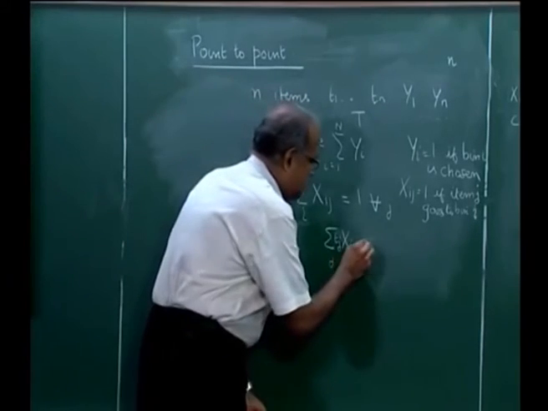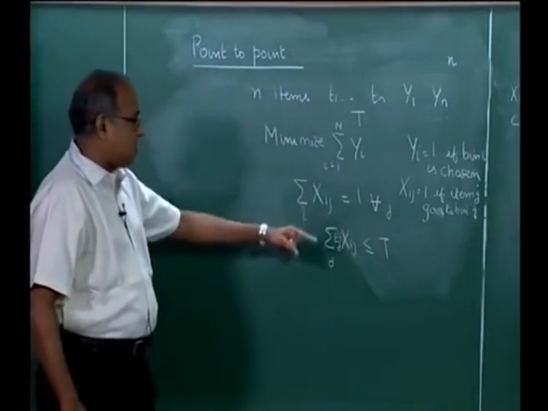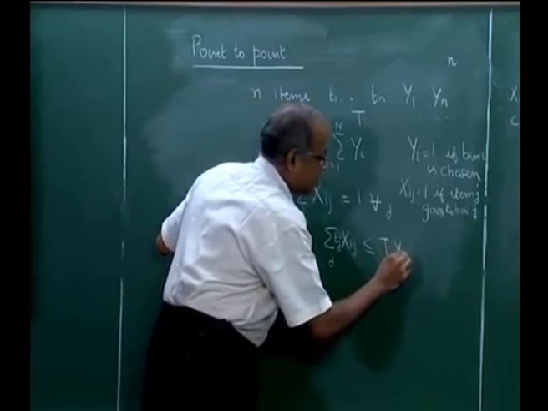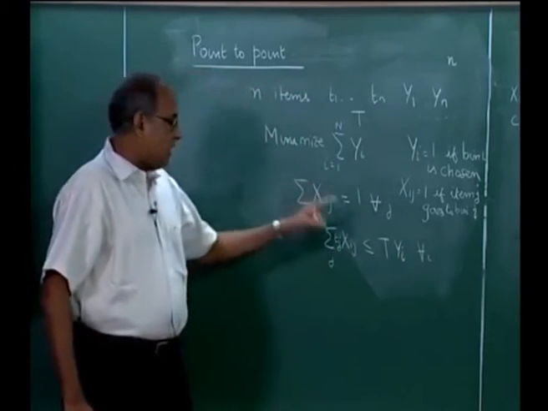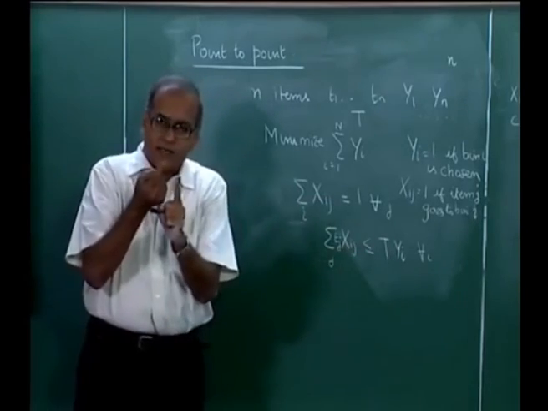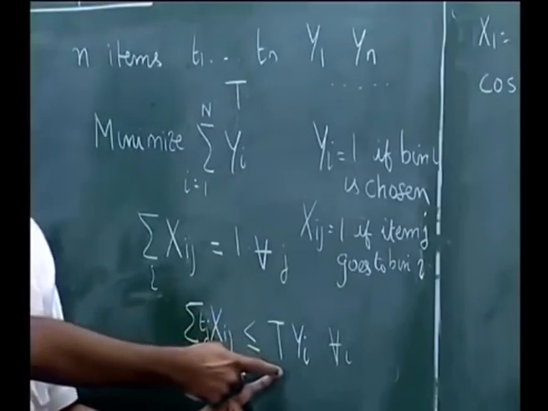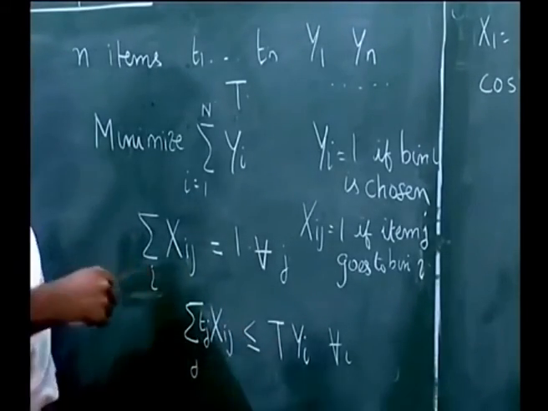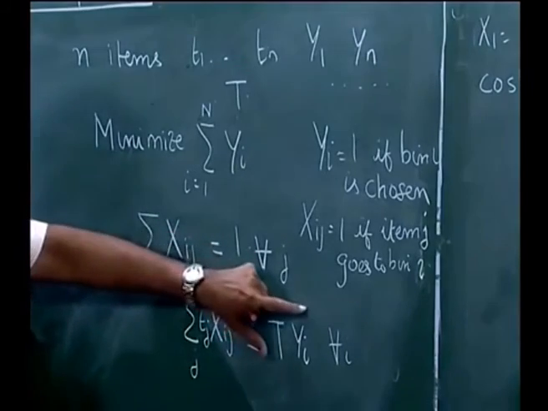Now, this should be less than or equal to t, the overall bin length, and so this should be less than or equal to t into yi for every i. So, yi is equal to 1 when the ith bin is chosen, and when the bin is chosen it gives us a capacity of t, and whatever goes into the bin should be less than or equal to this. So, this is one way of doing it.